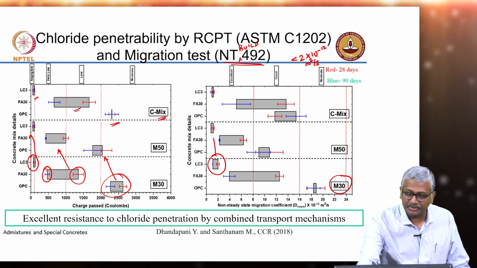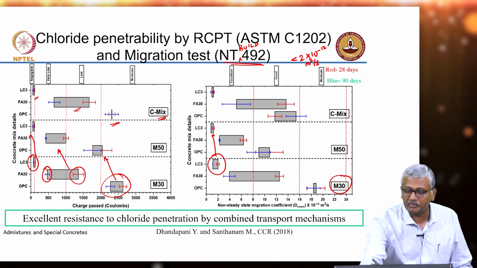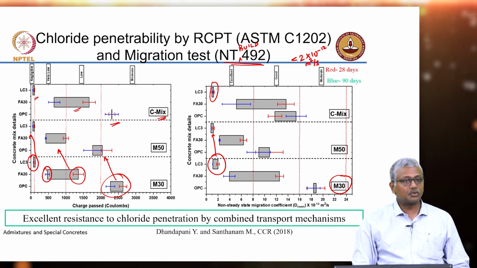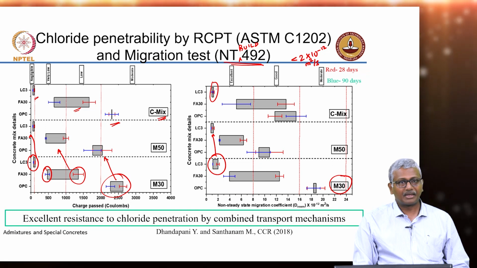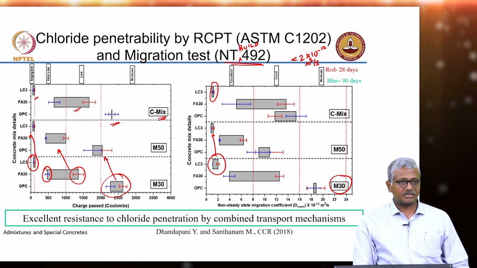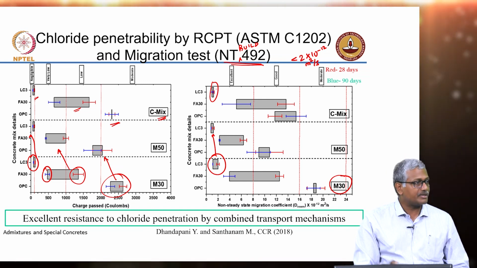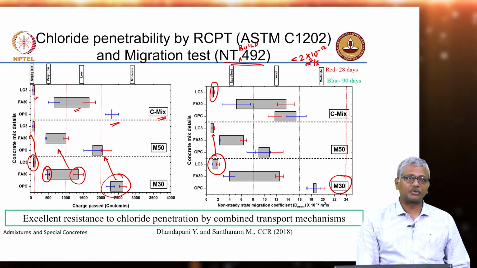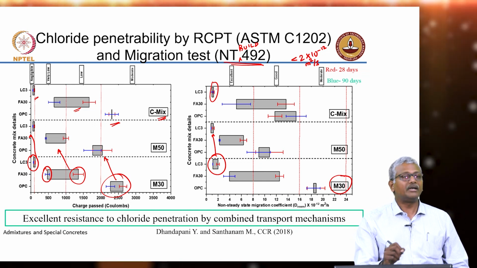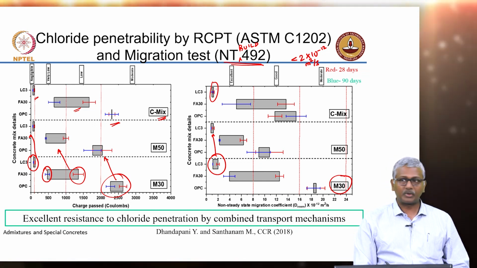With M50, you further improve, and of course, your common mix, which is more or less like an M50, is at the same range. So, less than 2 you are already reaching with LC3, and this is where you are really seeing that benefit. Your chloride migration results with such systems with calcined clays in combination with limestone can give you a significant advantage in chloride environments.